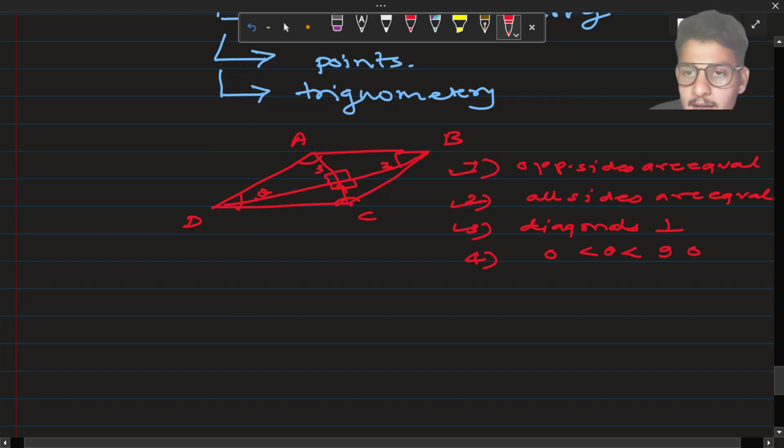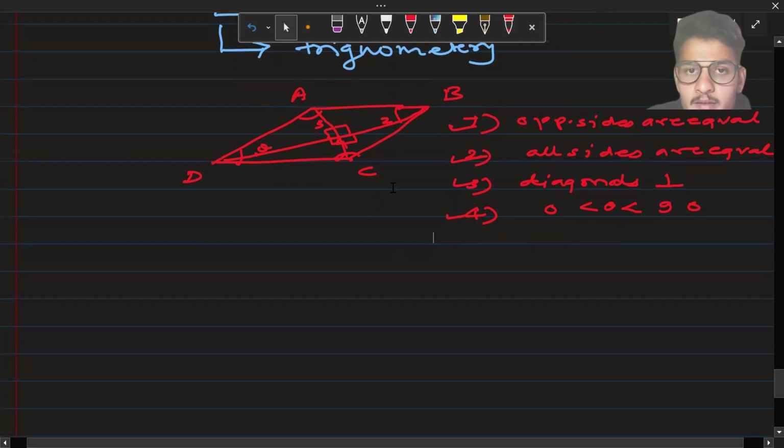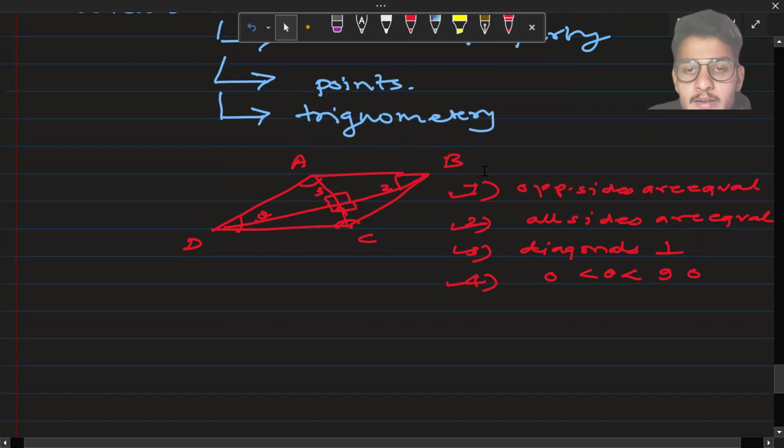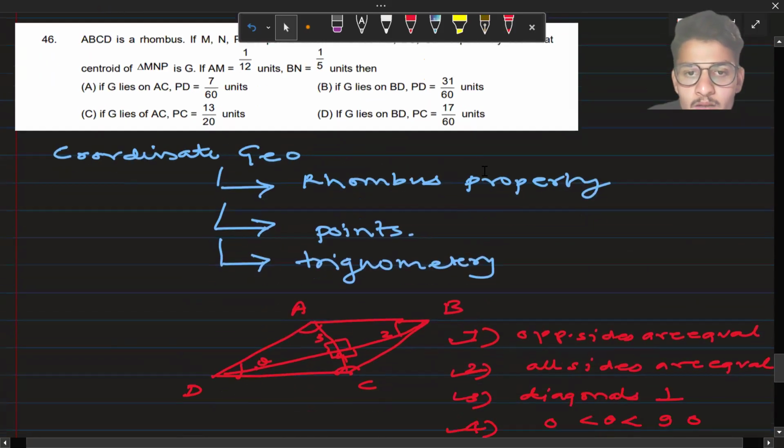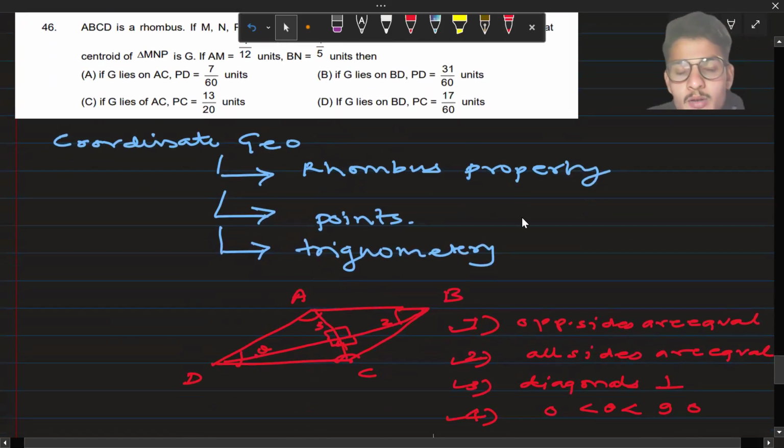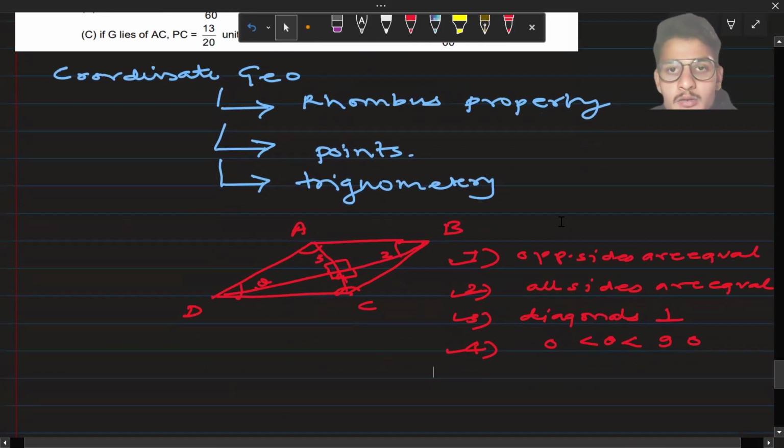It cannot become 90, because then it's a square only. And if it goes to 0, then it becomes a straight line only. So please remember the properties of square, rhombus, rectangle. This will be asked in JEE Advanced. They ask on the properties, so remember all of them.